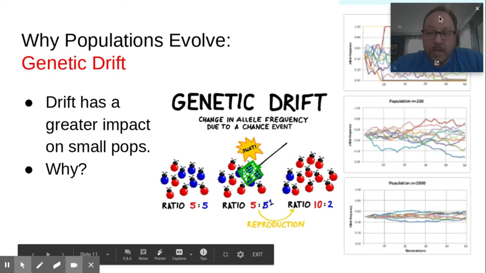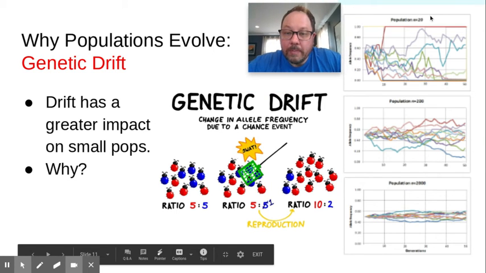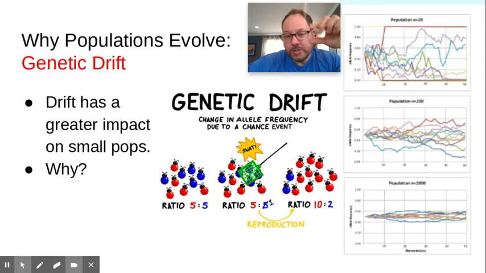Okay, now drift also tends to happen in small populations, and that's because if you have a really small population, well, a change in just a few organisms or members of the population can significantly alter the phenotypes of the group. So here, this is an interesting simulation.